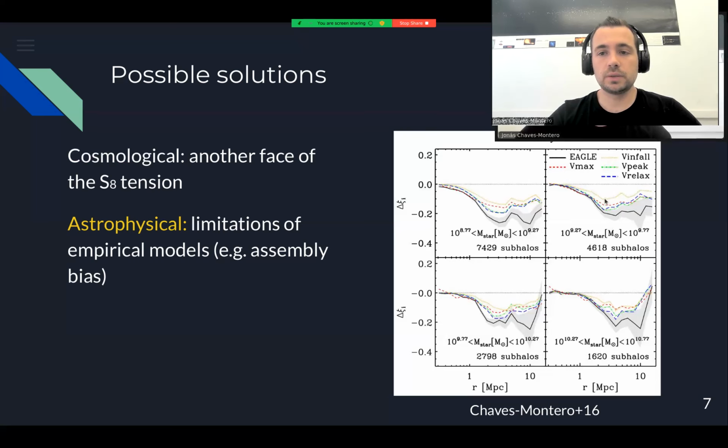For example, here I'm showing the results for the EAGLE hydrodynamical simulation. And this assembly bias is the difference between these lines and zero. You can see it's at around 20%. So this is changing galaxy clustering by around 20% on small scales. So this could be another option.